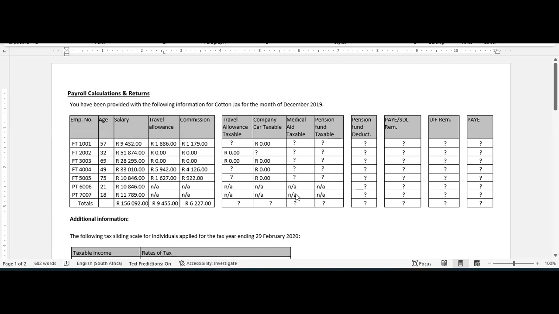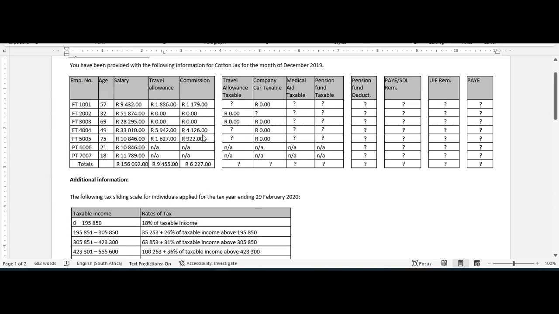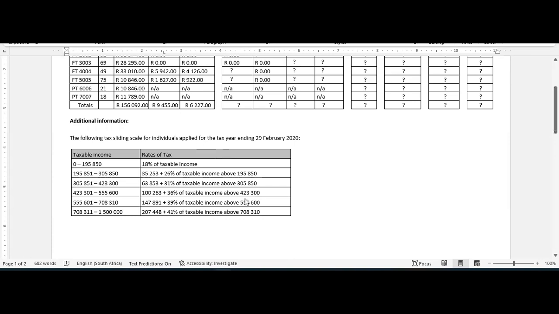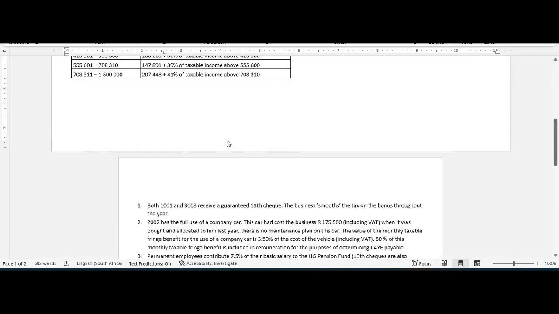But in all cases, it's either just a 0 or it's a question mark. So really, you only deal with this information in the first table as the given information, but you get additional information. You get a tax table. You will always get the tax table. And remember, year to year, this changes. We're working with 29 February 2020. It's a couple of years back.